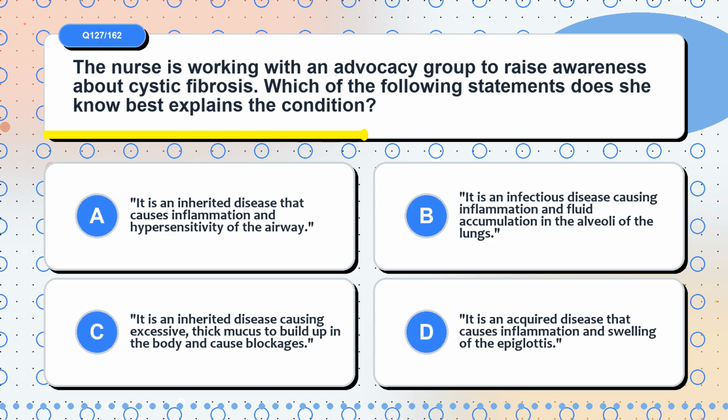Option B. It is an infectious disease causing inflammation and fluid accumulation in the alveoli of the lungs. Option C. It is an inherited disease causing excessive, thick mucus to build up in the body and cause blockages. Option D. It is an acquired disease that causes inflammation and swelling of the epiglottis.